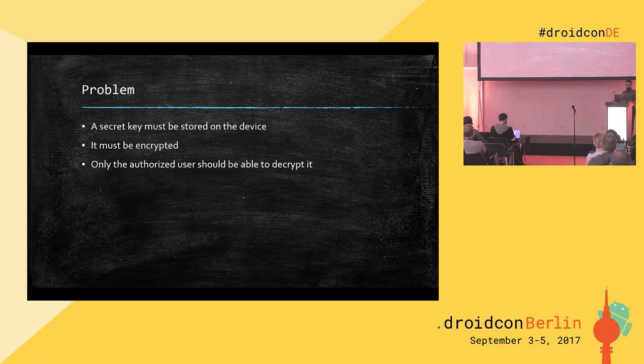Okay, let's first take a look at the whole problem. In mobile banking applications, usually for authenticating the user, a one-time password, or OTP, is used because of its security.